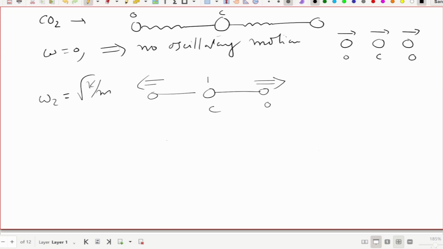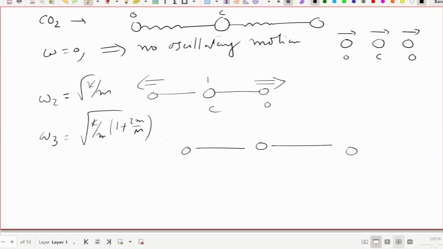And similarly if you analyze omega 3, which is root k by m times 1 plus 2m by M, this frequency, then we find that this moves in this direction with a bigger amplitude, and this moves with a smaller amplitude, this moves in this direction.